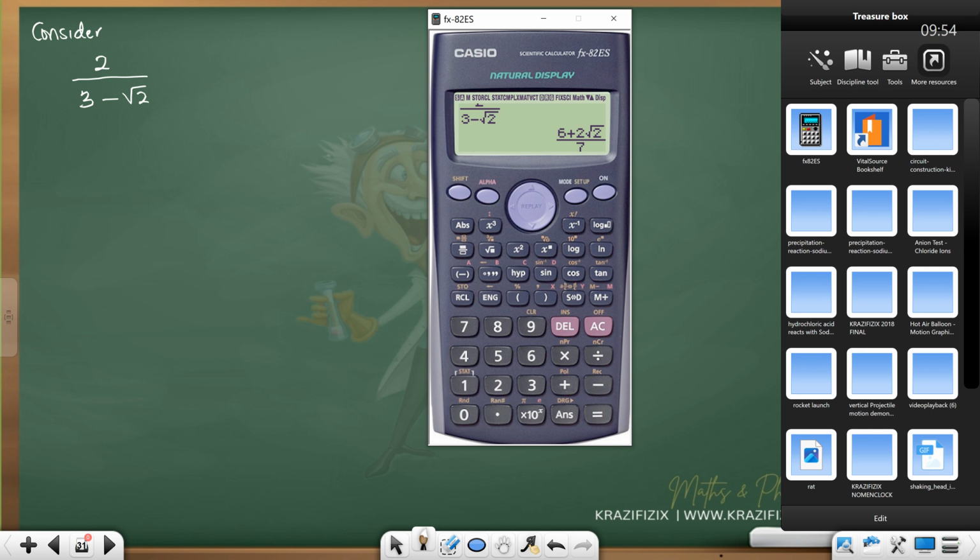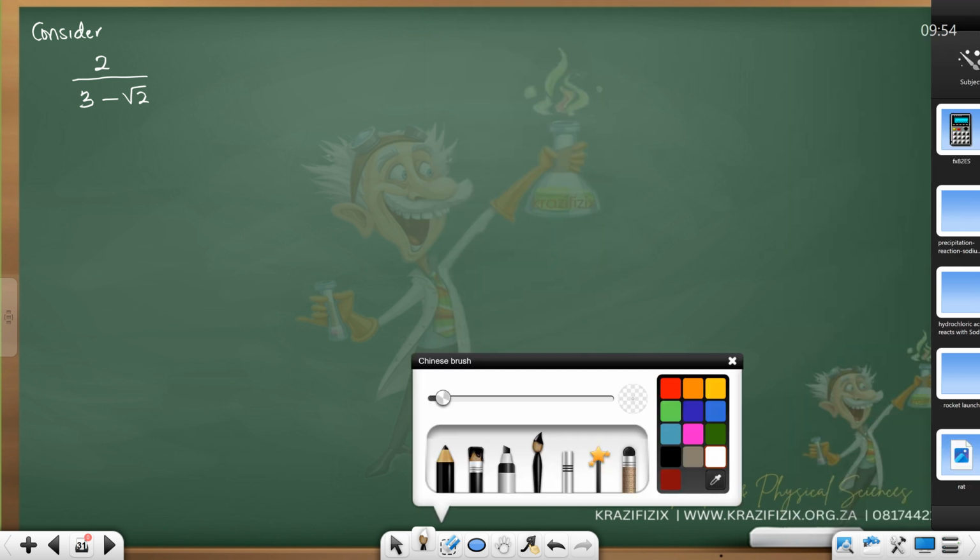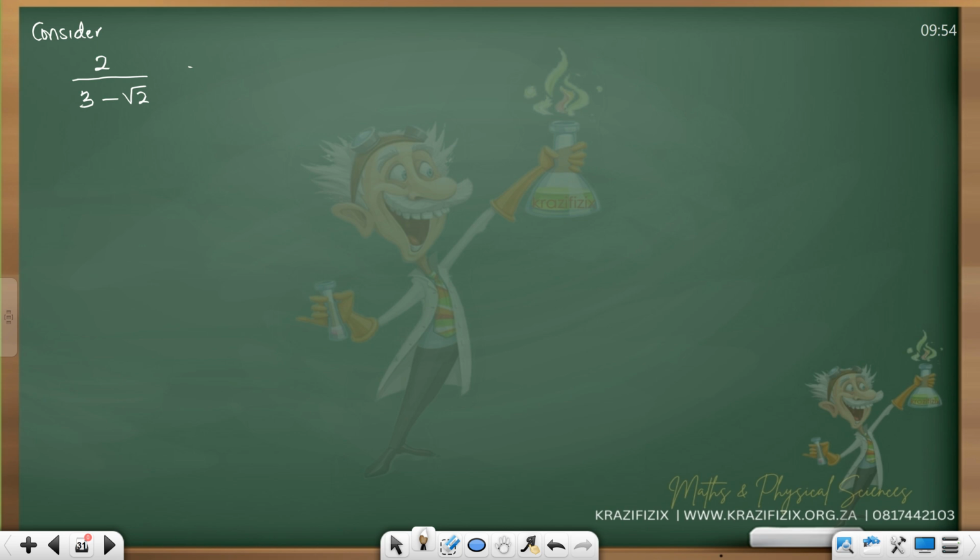Let's see. What do we do? Look at what I'm going to do. I am going to come here and say this can be written as 2 over 3 minus root 2. But how do I get rid of this? To get rid of this, I'll have to multiply by its conjugate. But I don't want to change the question, so I'll repeat this on top. Do you notice I have not changed it? Because I can cancel, this is 1.